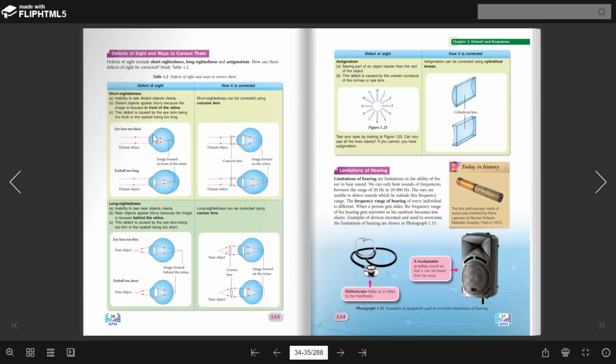The cornea is the entrance of the eye. So those who have astigmatism have an uneven structure of cornea. How to correct this? You can use a cylindrical lens. The cylindrical lens will look like this.